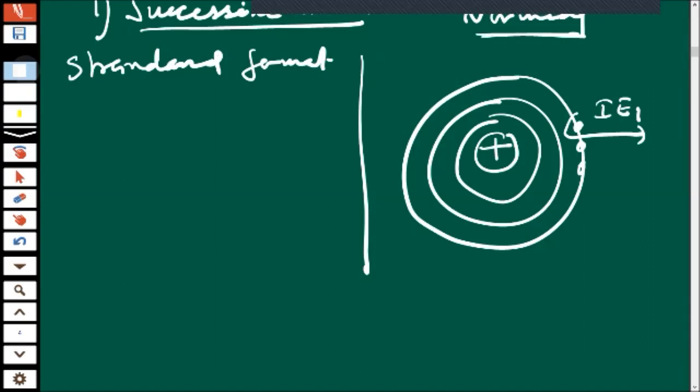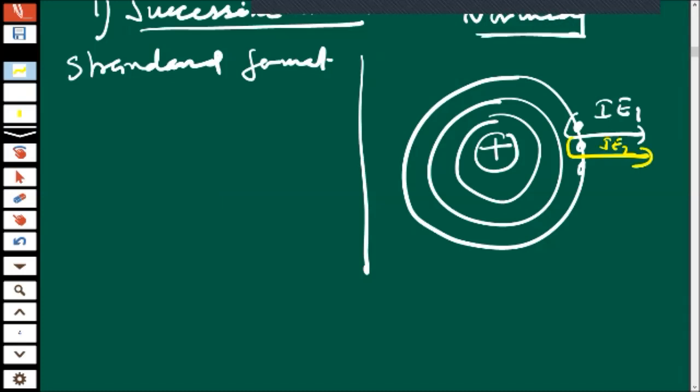And then if we want to remove the second electron, we have to use IE2. These are known as successive ionization energies, one by one. To remove the first electron, we use less energy. But after losing an electron, it becomes a cation and smaller.